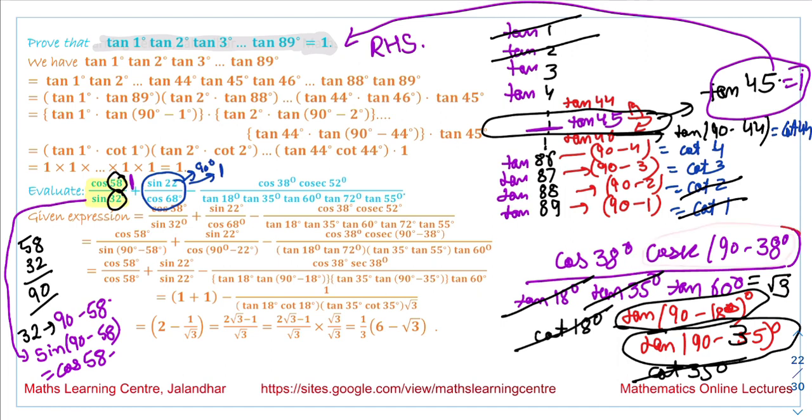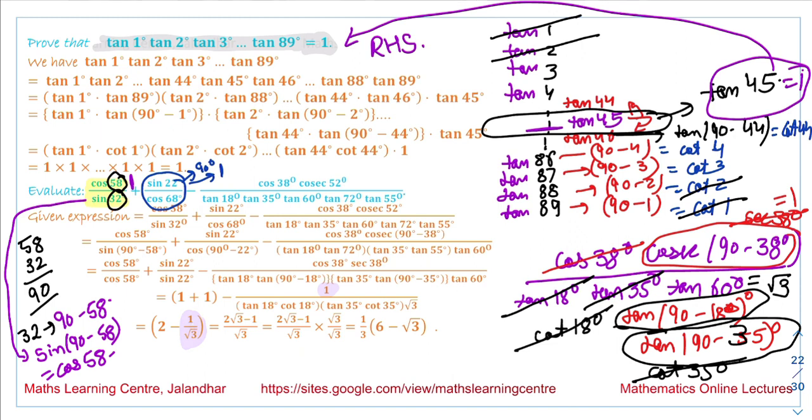The cosecant of 90 minus 38 is secant of 38 degree. What is cos 38 into secant 38? That is equal to 1. So in the numerator we are left with 1, and in the denominator we are left with root 3.